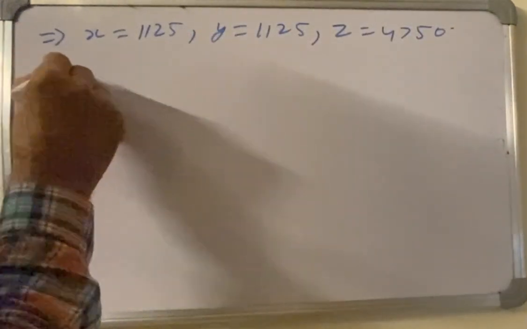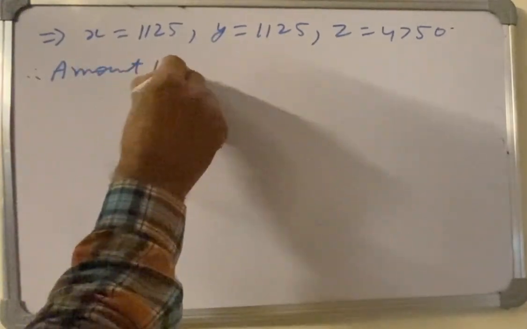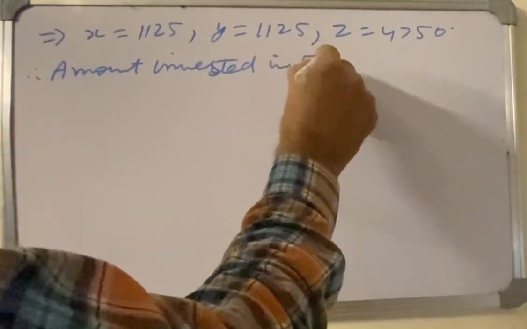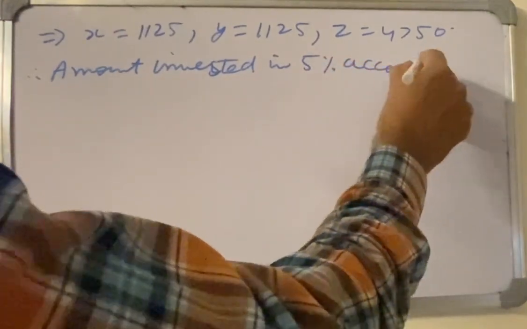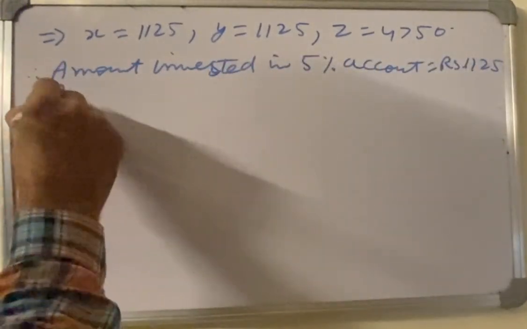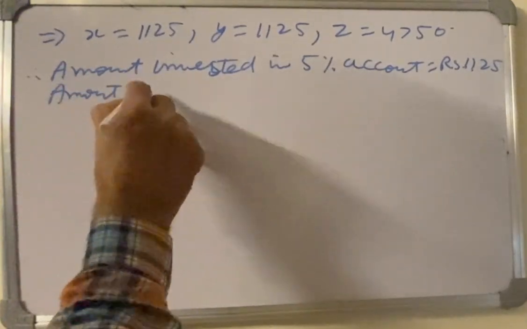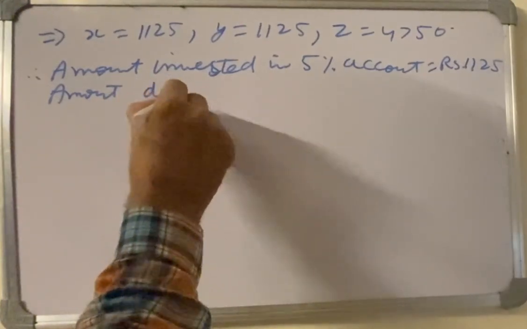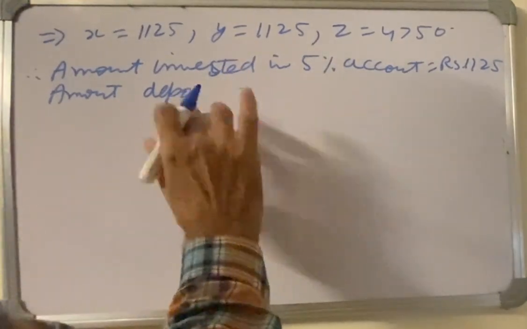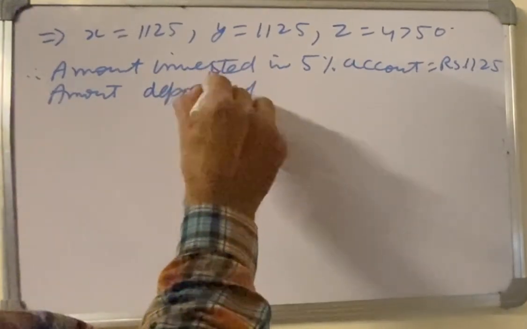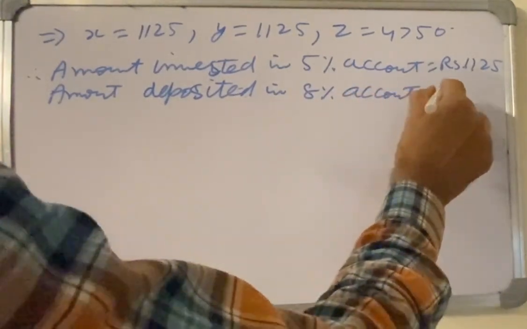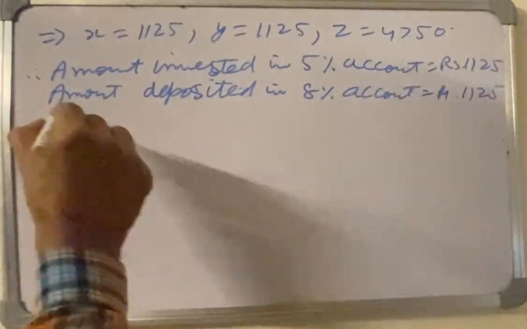Therefore, the amount invested in the 5% account is equal to rupees 1125. The amount deposited in the 8% account is rupees 1125.